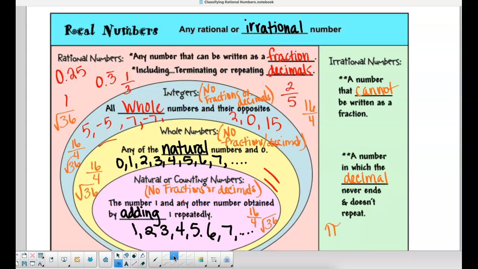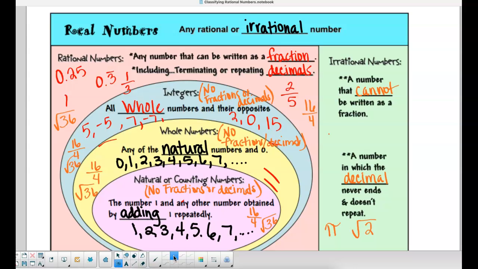And other numbers that are irrational. There's lots of irrational numbers. The square root of 2 is irrational. If it's not a perfect square, then it's irrational.